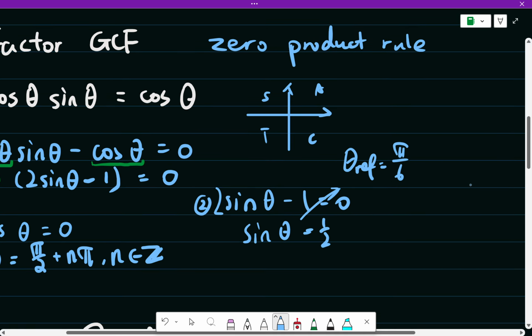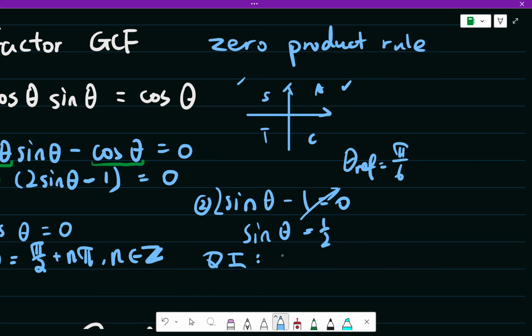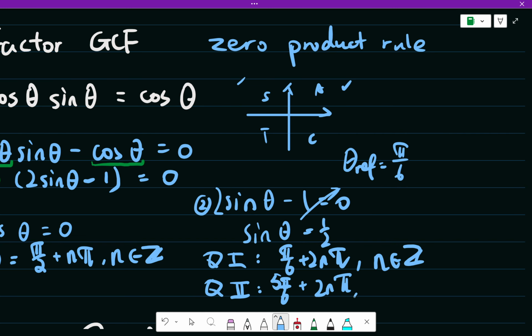Since sine is positive, we could have it in quadrant 1 or quadrant 2. In quadrant 1, it is pi over 6 plus 2n pi, which is a full revolution, where n is an integer. And when the angle is in quadrant 2, we would have 5 pi over 6 plus 2n pi, with n an integer as well.